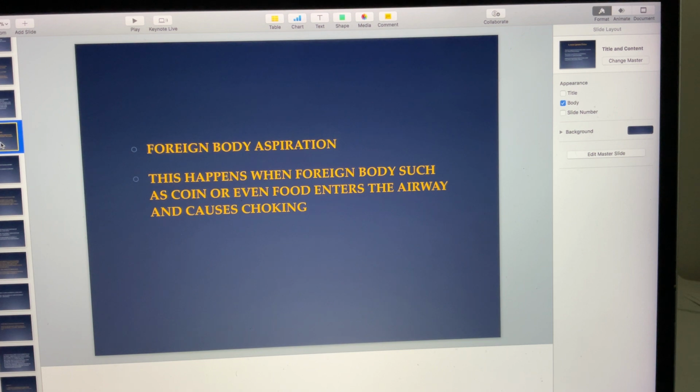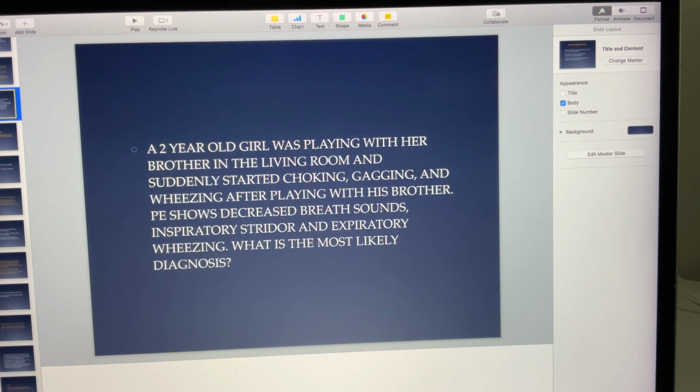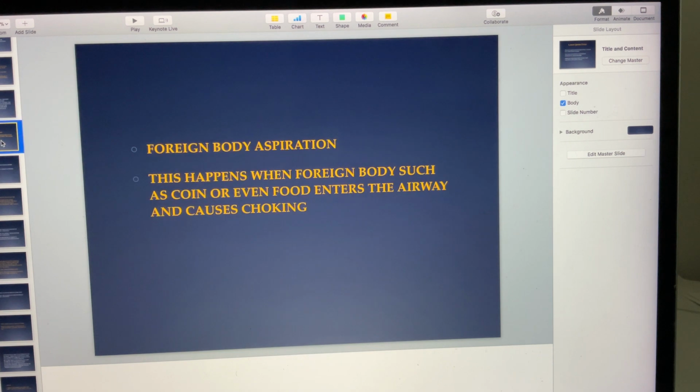This is foreign body aspiration. Okay, so that is a foreign body aspiration. This happens when foreign bodies such as a coin, or it can even be popcorn, or food enters into the airway and causes this patient to choke.